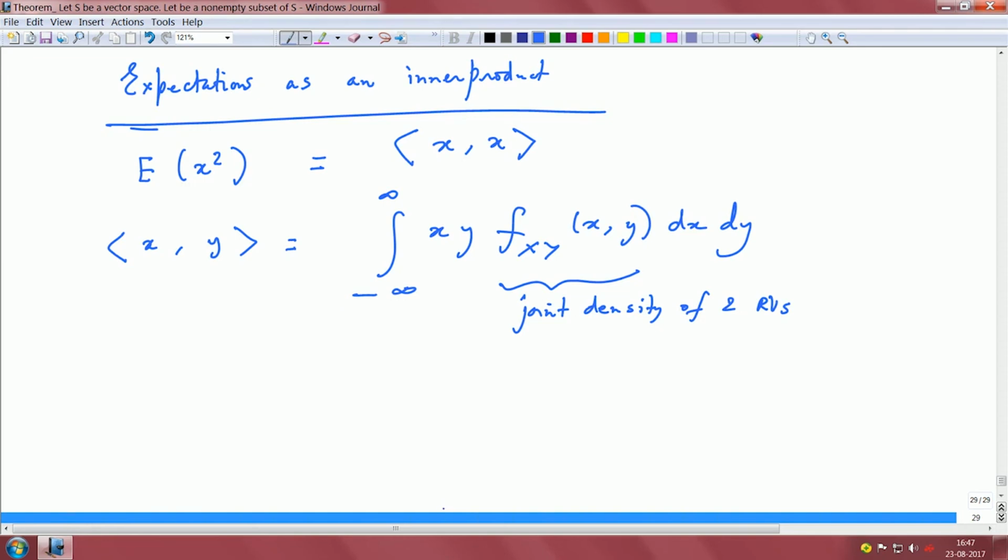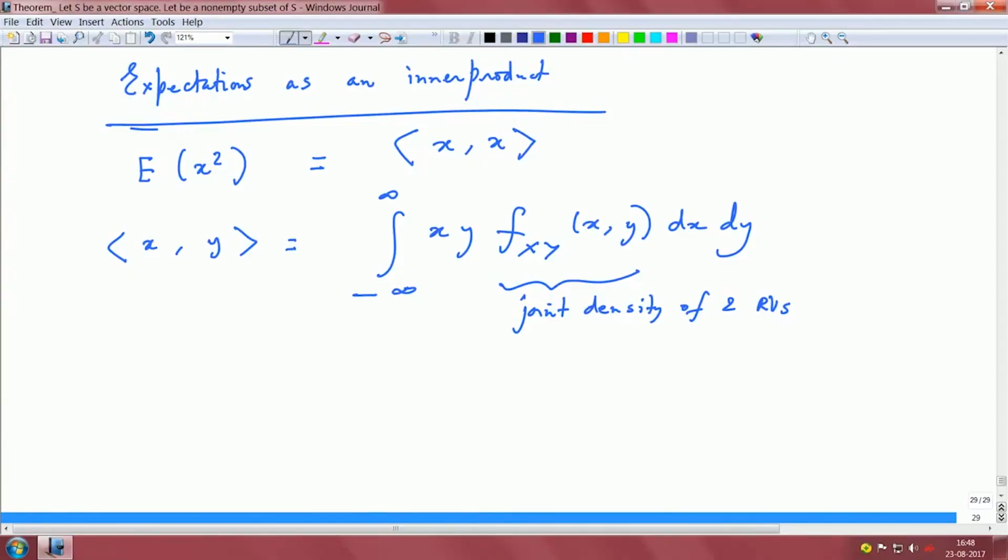Under this measure, if you think about the standard inner product, you would take the product of the two functions and then integrate them over this interval, right. Now, if you bring in the notion of probability measure where you define a density function, can you think about the expectation of two random variables as some measure of inner product?